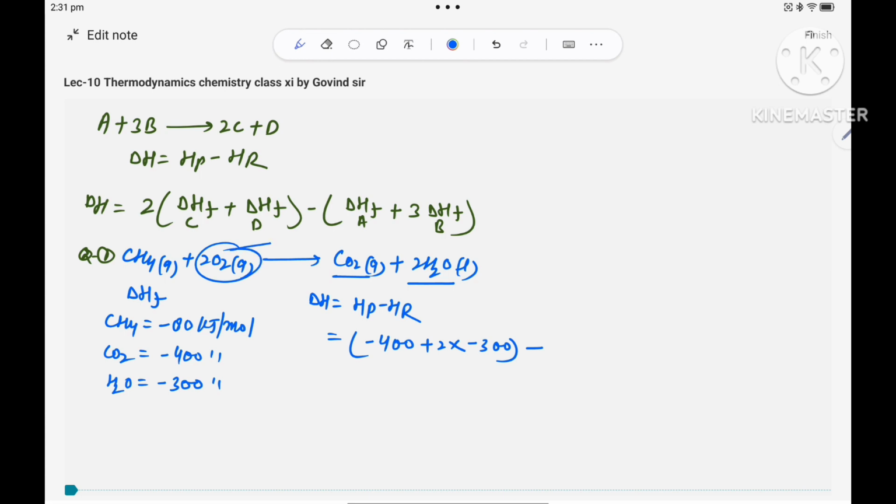For this it will be 0, so it will be minus 80 and plus 0. So here it will be minus 400 minus 600 plus 80. So what will be the answer? Minus 920 kilojoule. That is the enthalpy in this case.